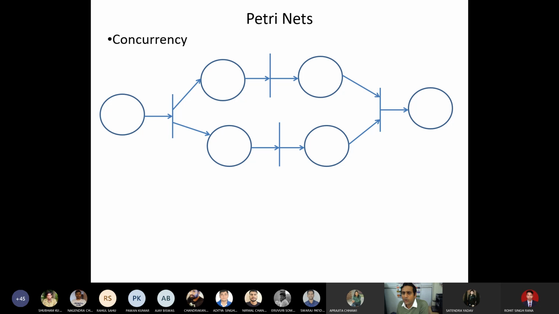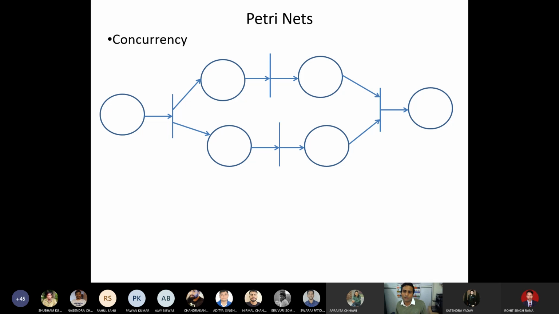Once after firing, in its output places you will have tokens. Now, for the last transition, that means the fourth transition, the input places should have some tokens. That means we concurrently execute two different processes here.